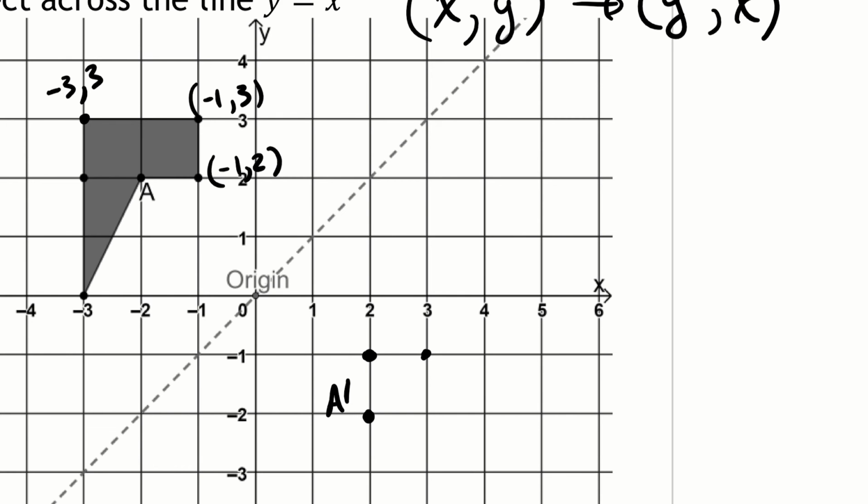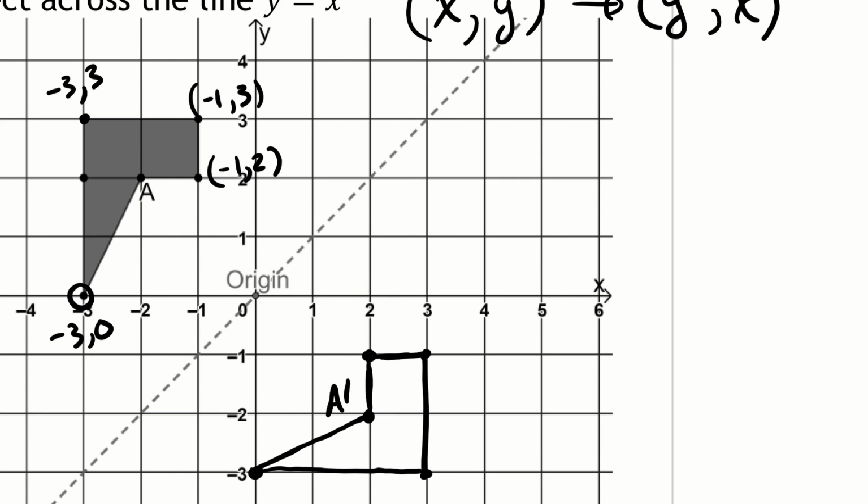Okay, I definitely think I see the shape emerging here, right? This point right here is the point (-3, 0). So I'm going to go instead to (0, -3). So that's going to be this point. And at that point, I think I've got all of the points and I can go ahead and sketch it.